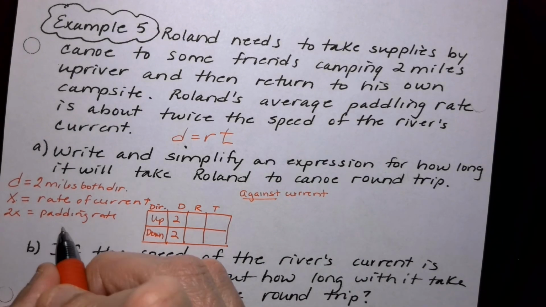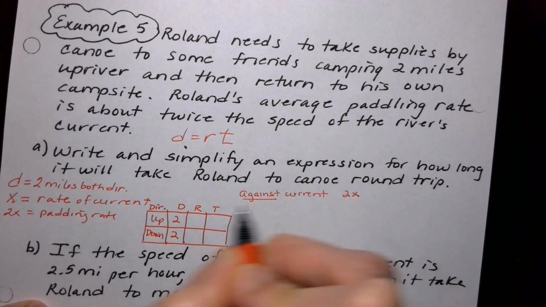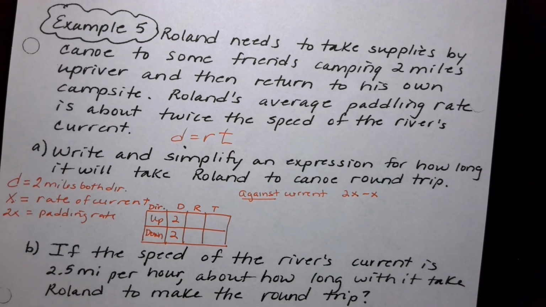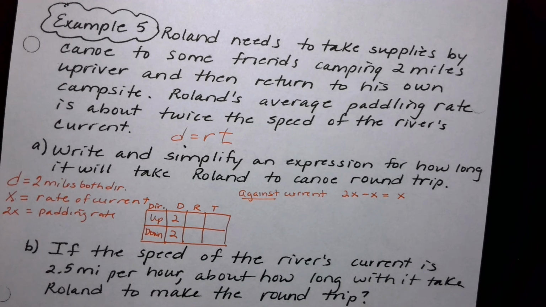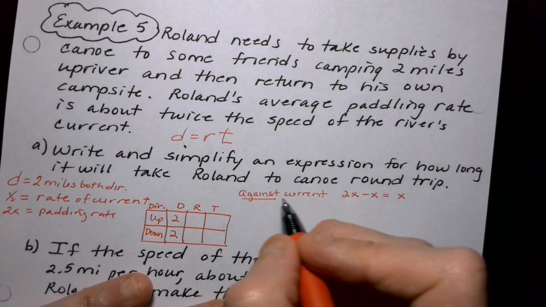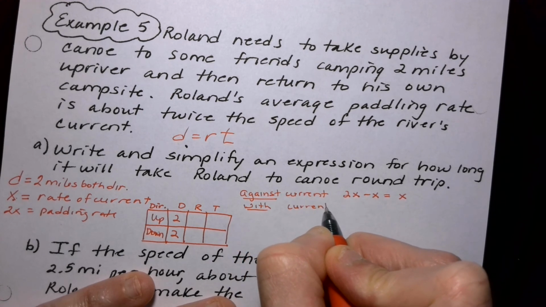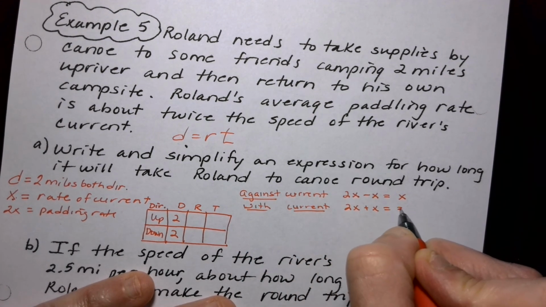Well, he's trying to paddle this fast, but you're going to take away the rate of the current because you're going against it. So when you're against the current, your rate is only x. But when you're going with the current, then you have that additional support and you have 3x.